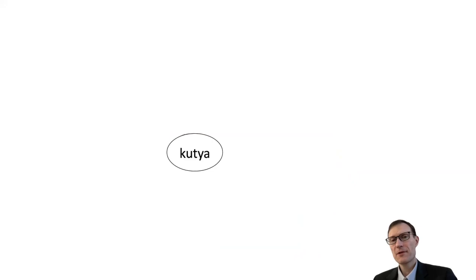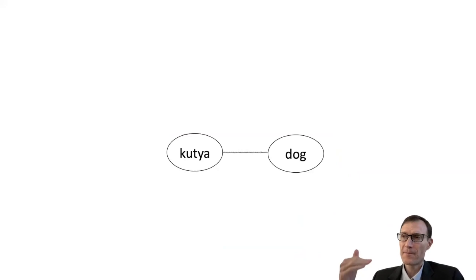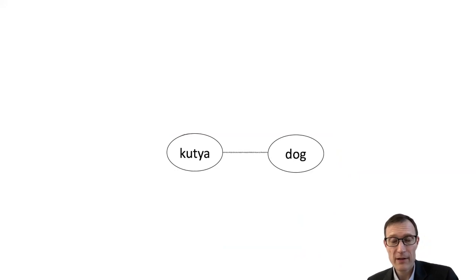I'm going to start with an example from Hungarian, "kutya." In English, this means dog. Now, in school, in language classes that you've taken with textbooks, you may have had a lesson with a list of vocabulary that you're supposed to learn.